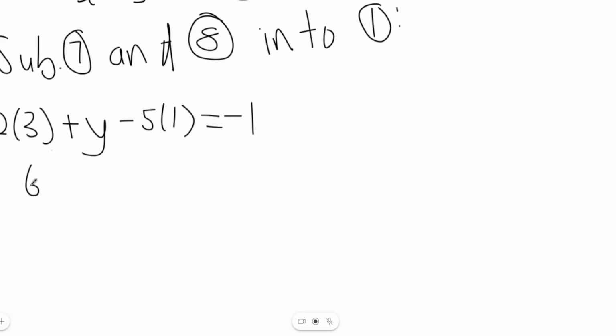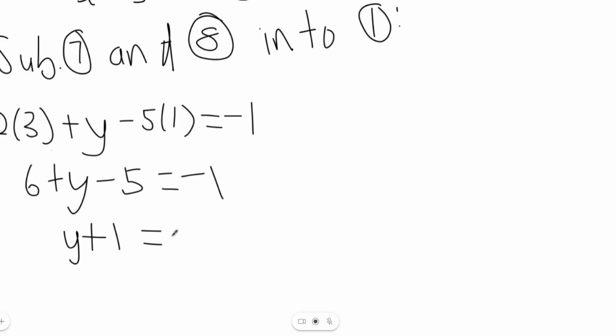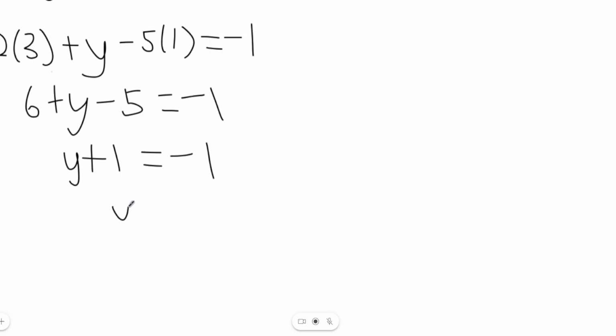Then this is 6, this is y, and then this is 5 equals negative 1. Y, 6 minus 5 is 1, equals negative 1. And y is negative 1 minus 1, which is negative 2.